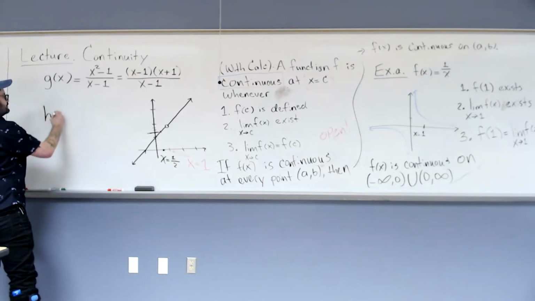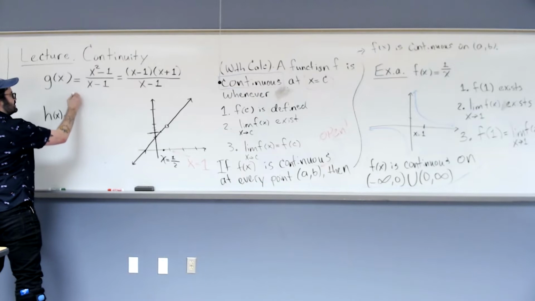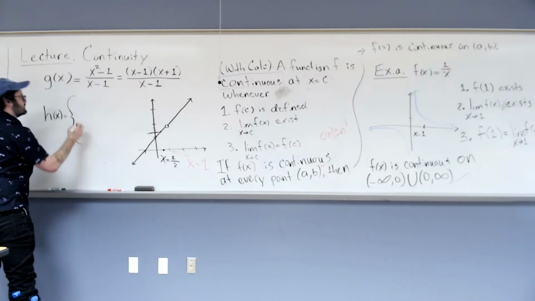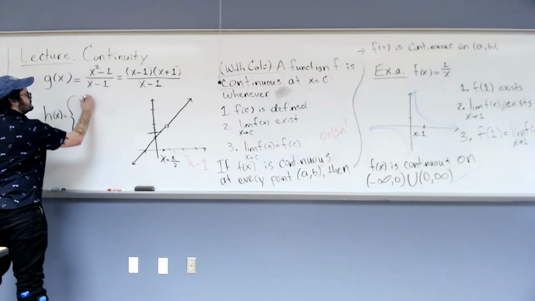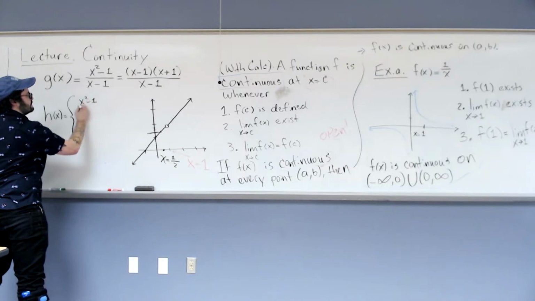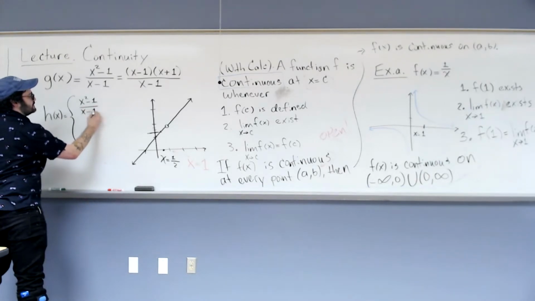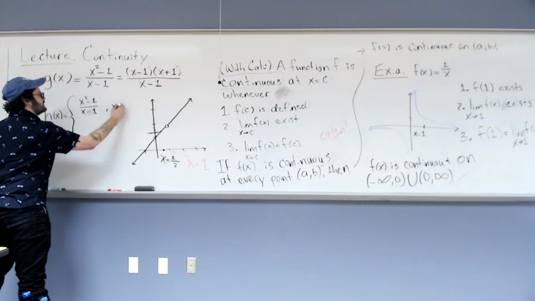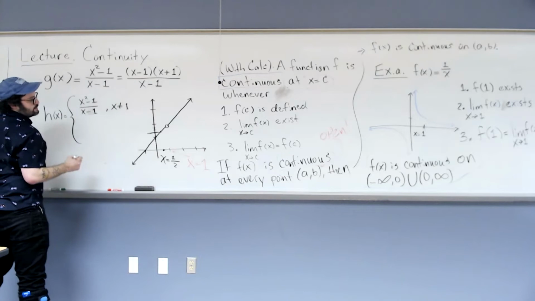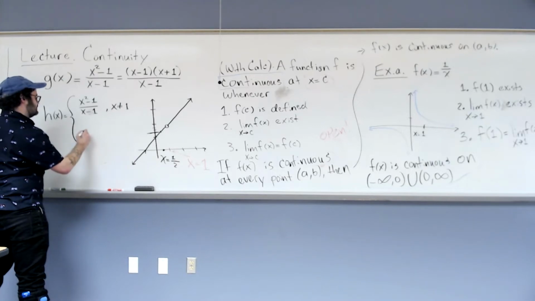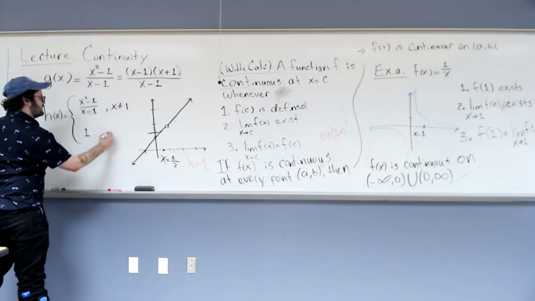h. This will be one of these weird piecewise functions, which is equal to x squared divided by x minus 1 whenever x is not equal to 1, and equal to, say, 1 if x is equal to 1.